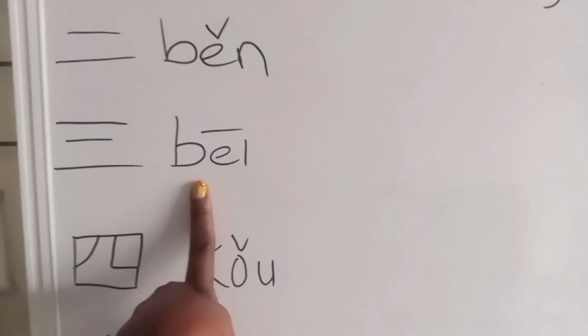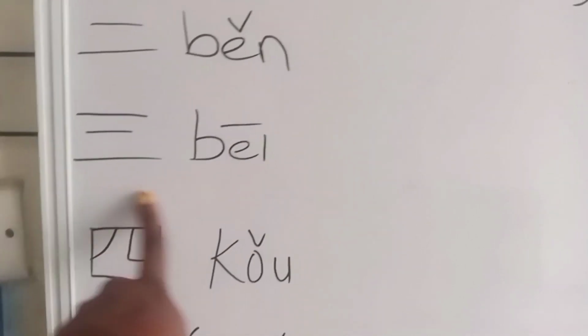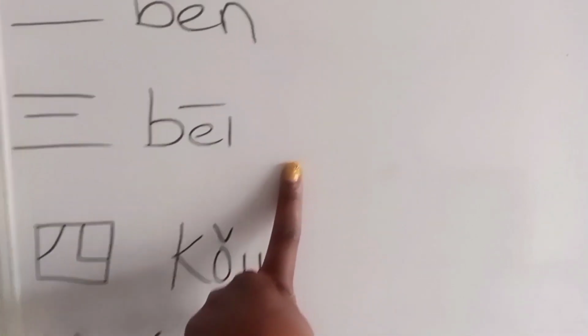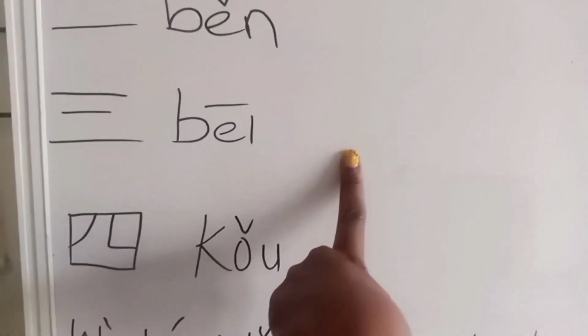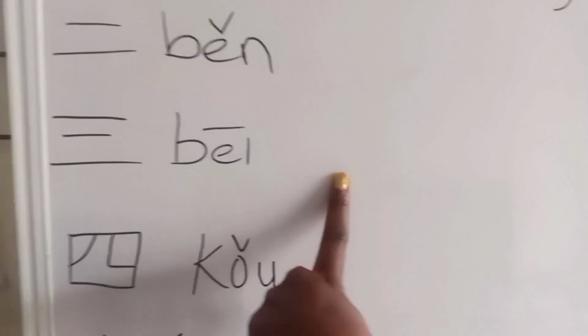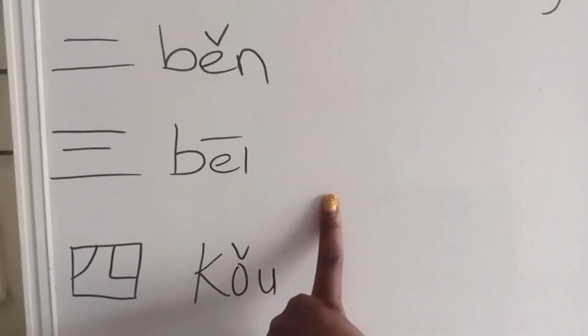Cha is tea. 咖啡 is coffee. 两杯茶 two cups of tea. 两杯咖啡 two cups of coffee. 两杯水 two cups or two glasses of water.